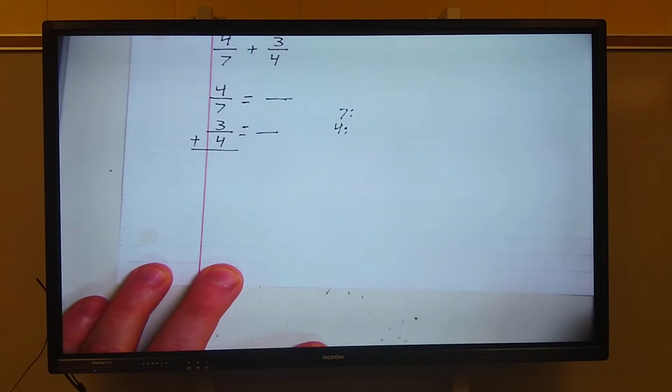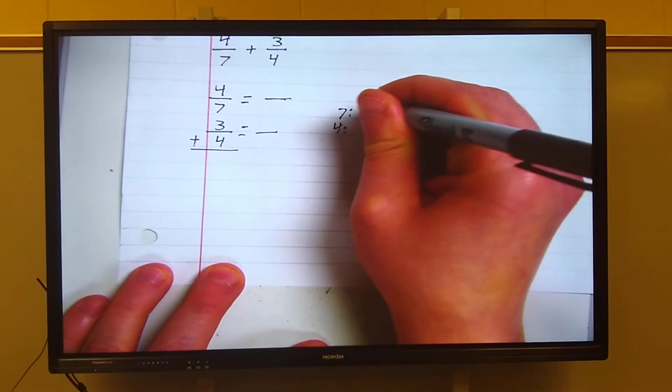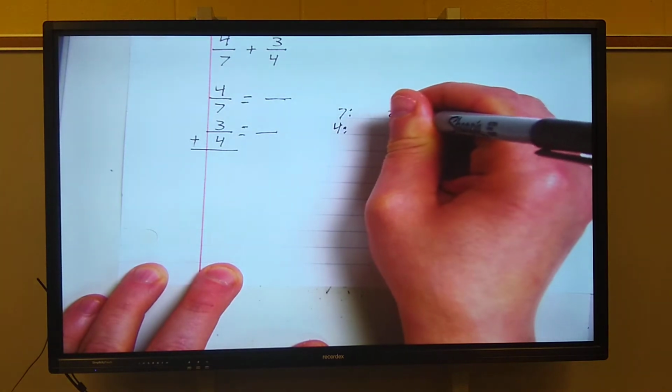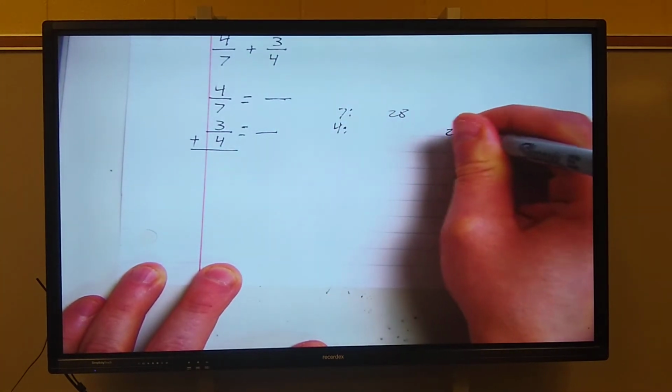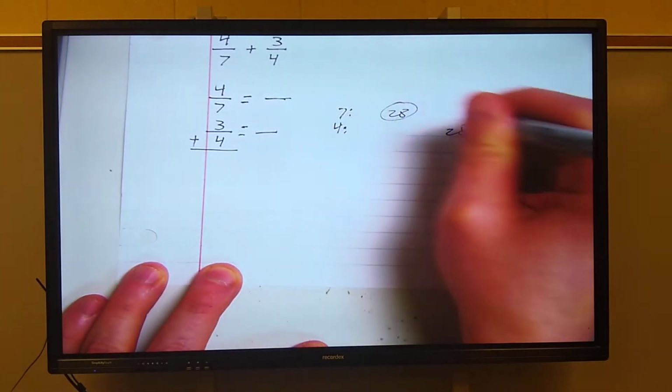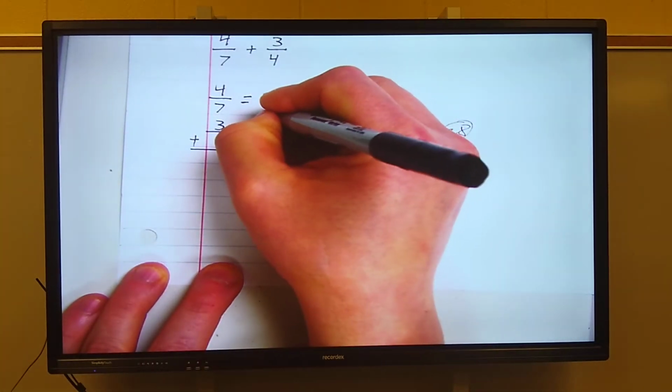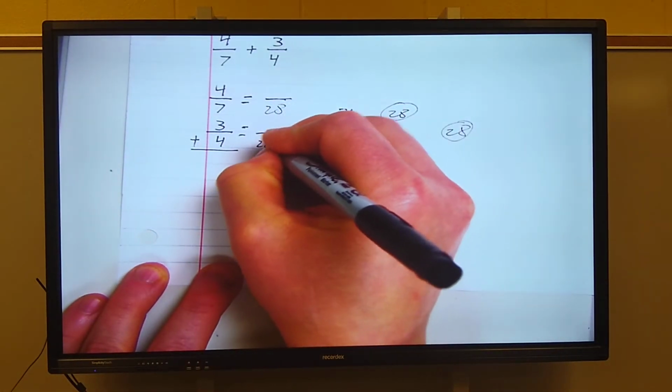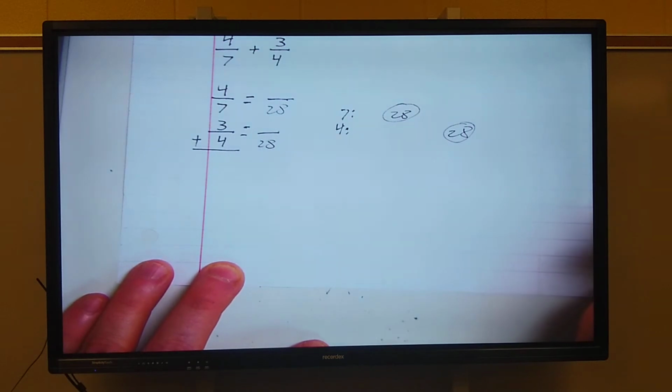Now I'm going to go ahead and tell you the answer. You have 28 here, and then eventually you would get the 28 here. That's what it's going to end up being, 28. Just to speed things up a bit.